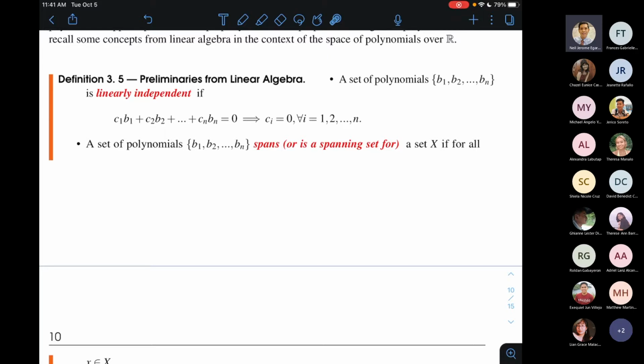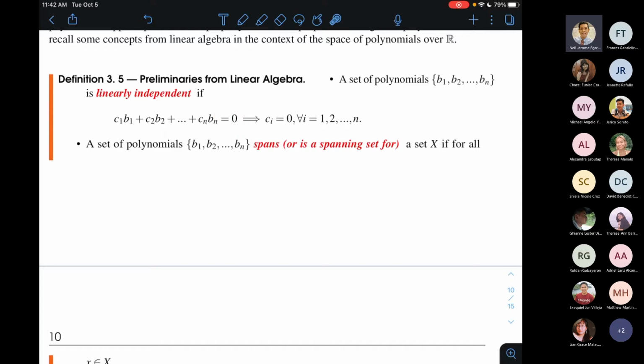Okay? So kung meron kang polynomials B1 hanggang Bn, tapos kinuha mo yung linear combination nila, which is basically sum ng mga scalar multiples nila. So si C1 ay scalar, si C2 ay scalar, si Cn ay scalar. You take the sum of the scalar multiples of the B sub i's and you equate to zero.